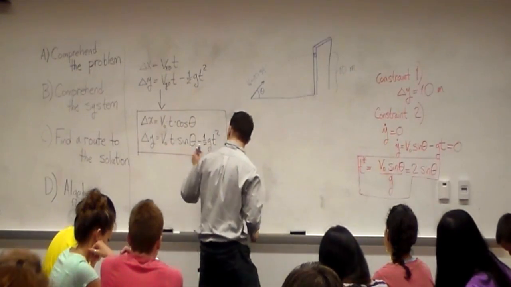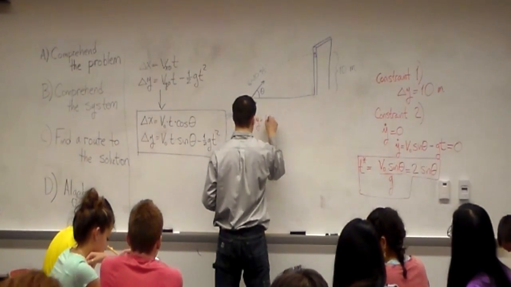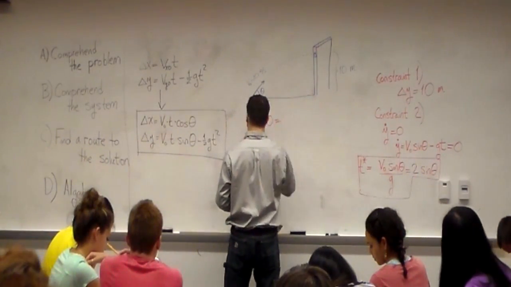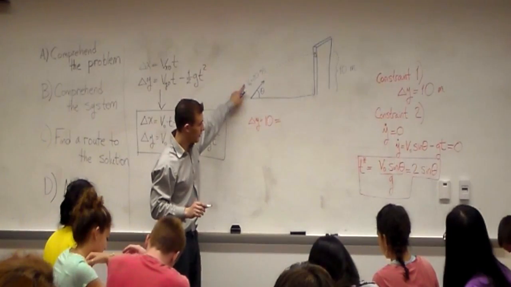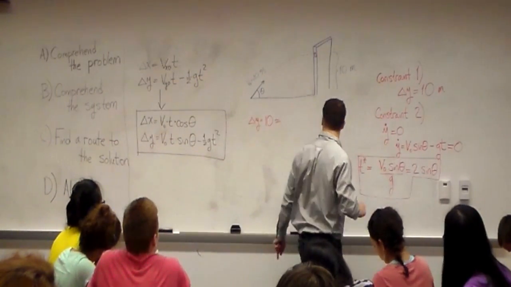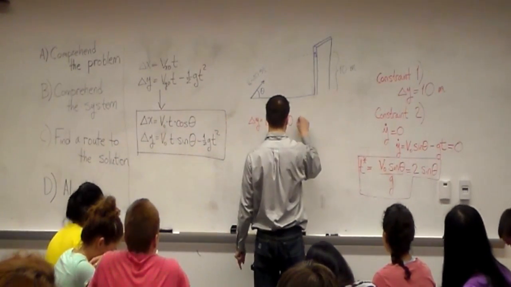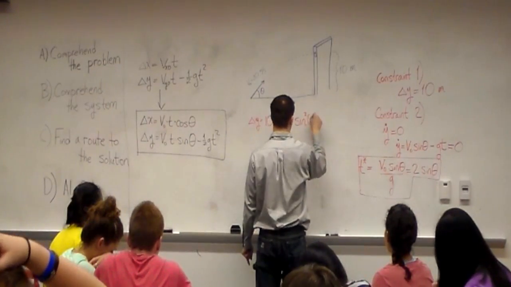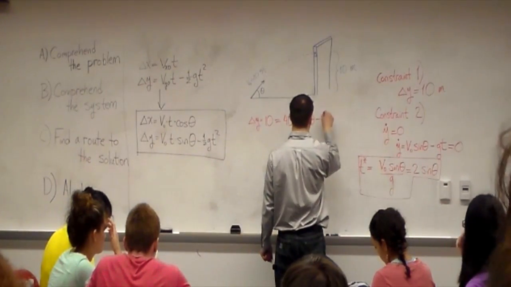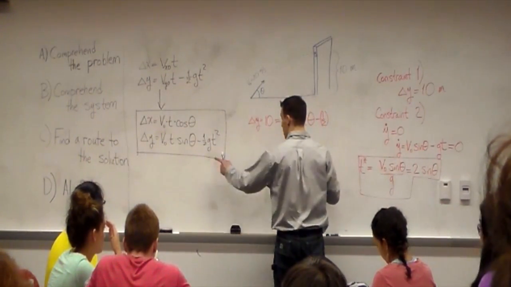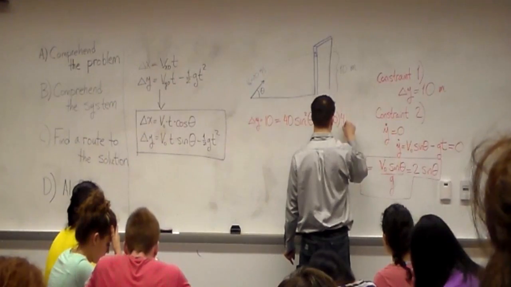So, how about this guy now? Delta y is equal to 10 from that condition, which is equal to v naught times t, 20 times 2 sine theta. So that's 40 sine squared theta, since there's another sine here, minus 1/2 times g, which is 10, times 4 sine squared theta.